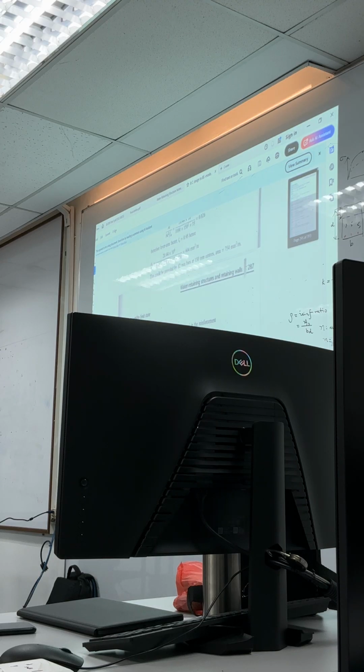The book has the values for you, but basically it comes from the code, which is 8007.